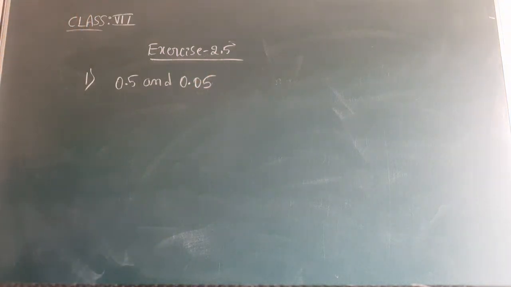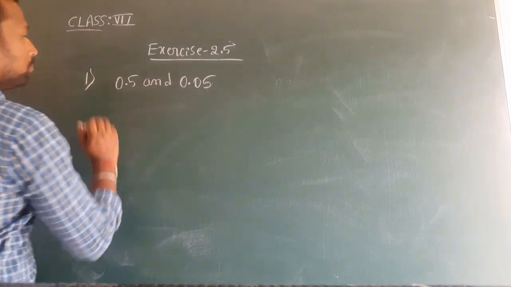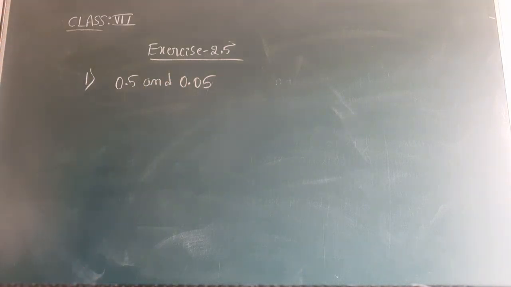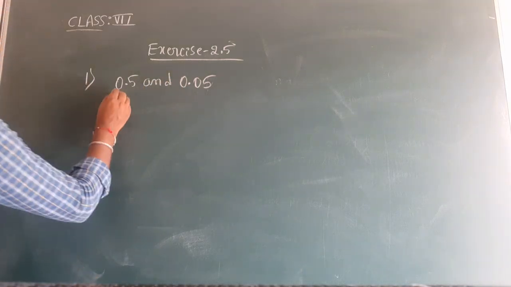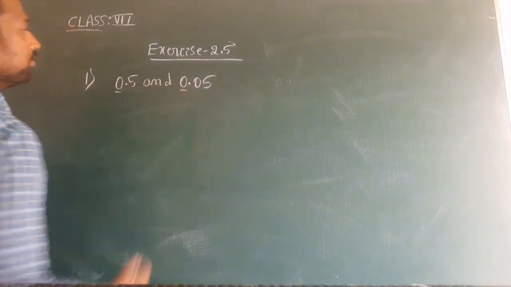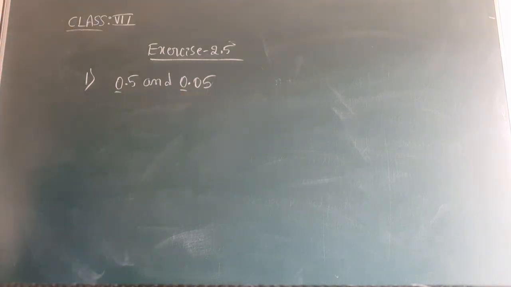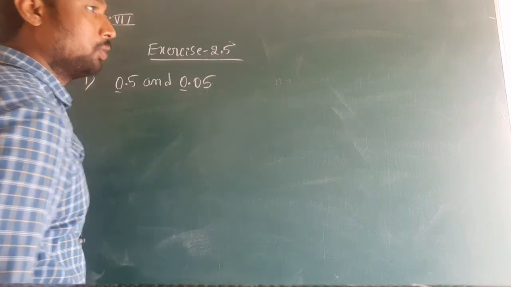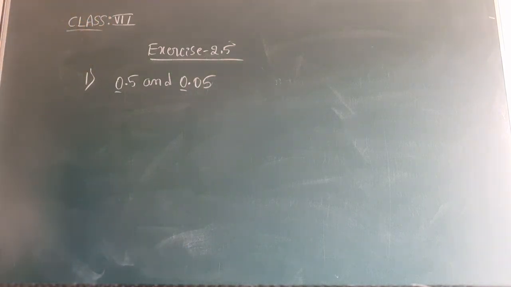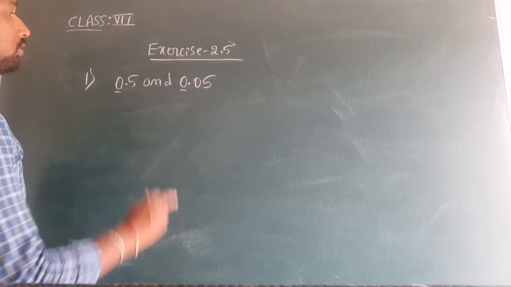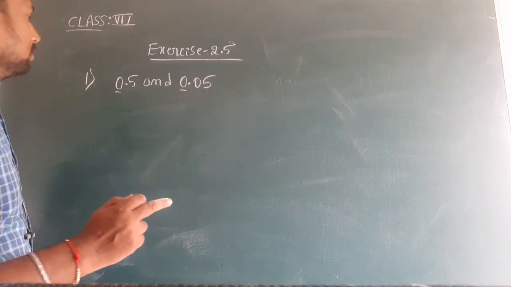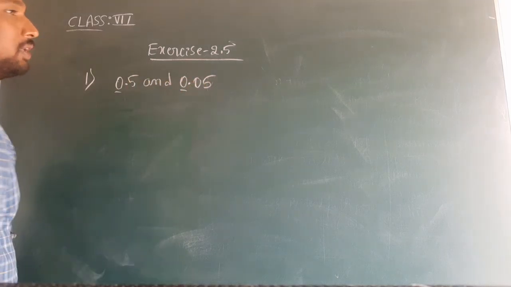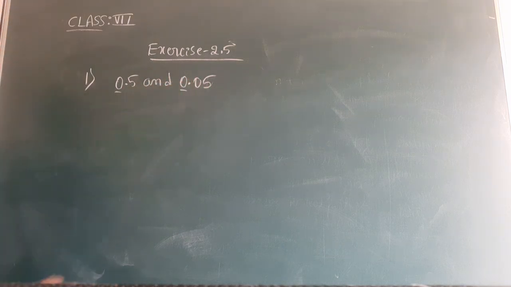Okay. So now how to compare? You have to compare the left part of the decimal point. Here if you compare the left part of the decimal point, here you have 0 and here also we have 0 on the left part of this decimal point. So in both cases we have 0 only. Now what do we have to do? We have to compare the right part of this decimal point, from which place?